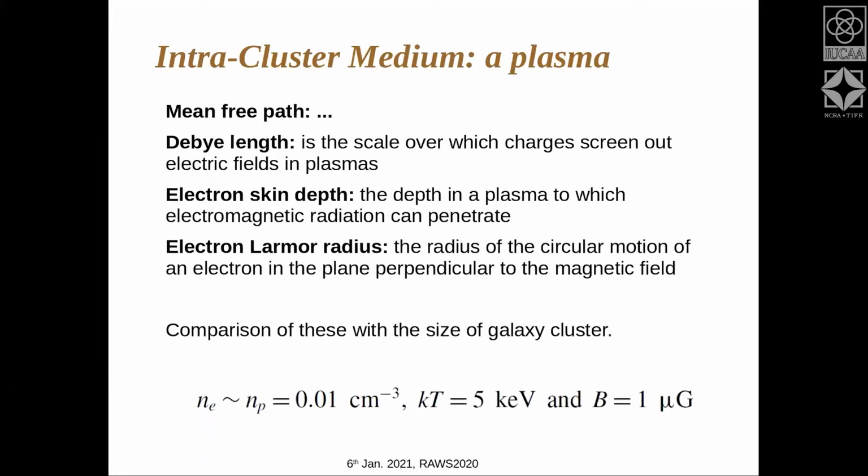So one can check the different properties, the mean free path of these charged particles in the plasma. And because this is a plasma, there are some other important properties like the Debye length, the electron skin depth, and, in the context of synchrotron radiation, or when charged particles move in magnetic fields, the Larmor radius.